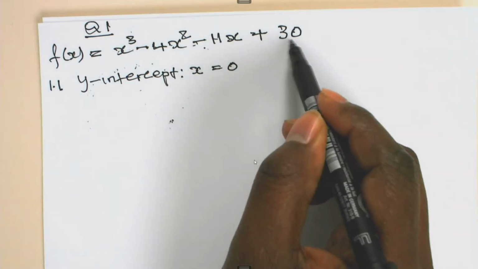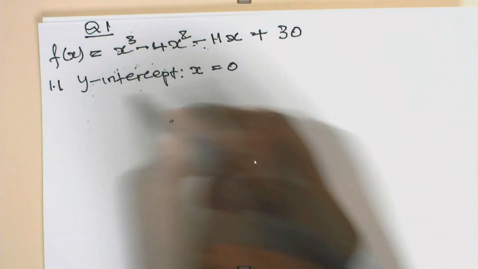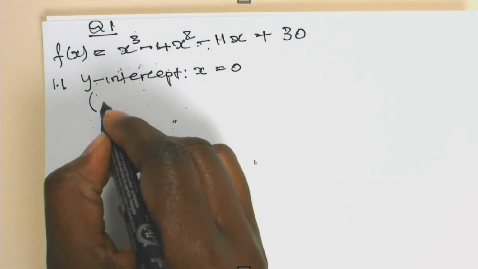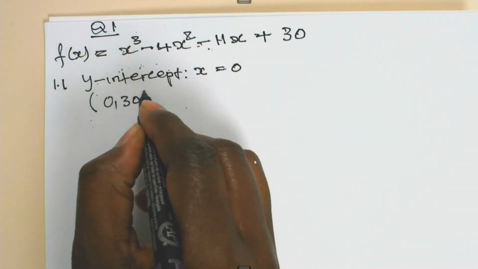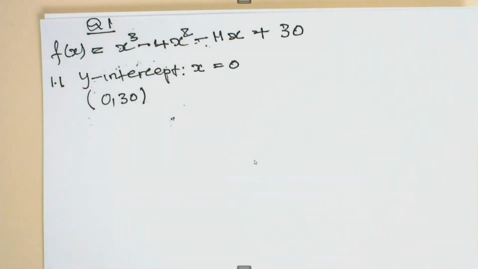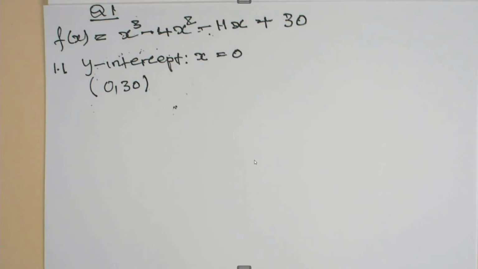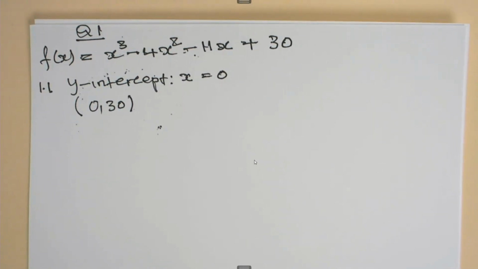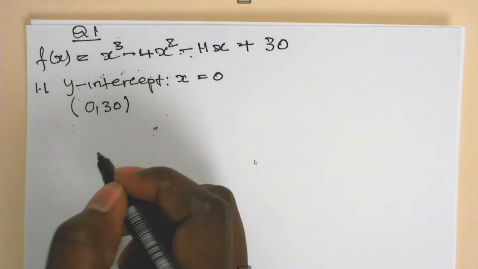Remember, we said d gives us the value of the y-intercept. Therefore, for the y-intercept, we'll have (0; 30). Now, I'm aware that I'm going to sketch the function. Therefore, I write everything in coordinate form because I'm going to sketch the cubic function. Now, we are done with 1.1.